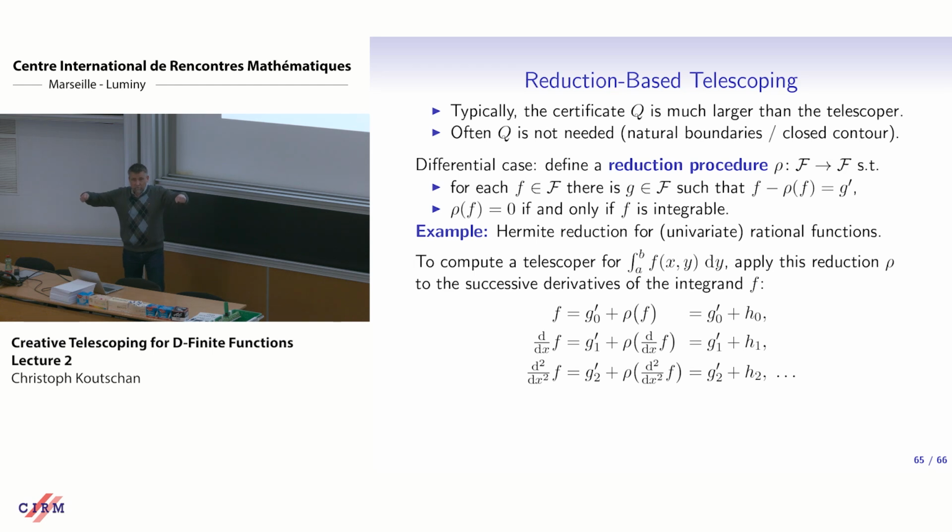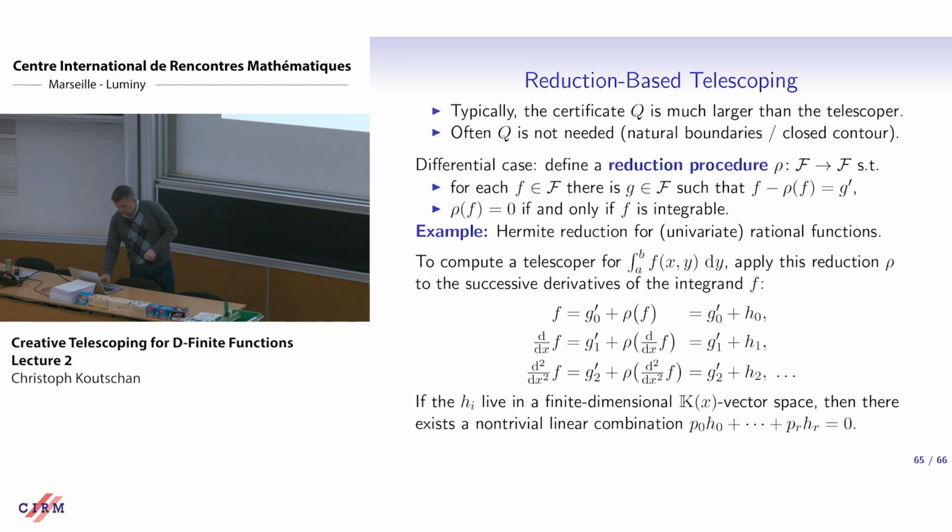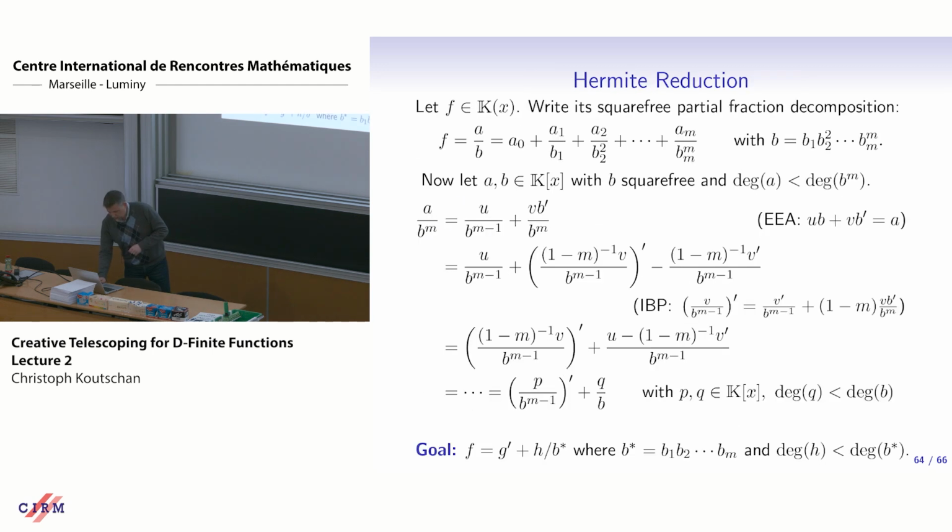And you continue. And if you can guarantee, and this is what is the case for these kind of algorithms, that these remainders live in a finite dimensional vector space. So recall, for the Hermite reduction, the remainder is always of the form that the denominator is the square-free part of the original denominator. Well, and if we take the derivative, we don't introduce any new poles.